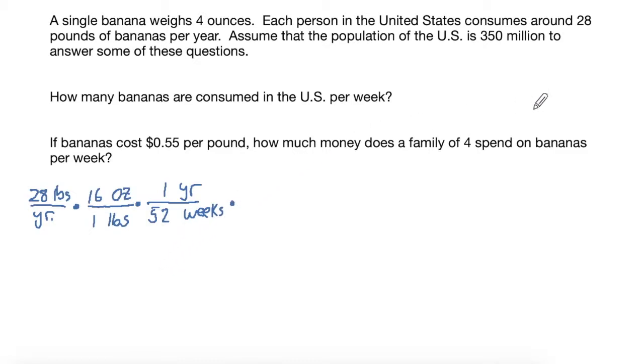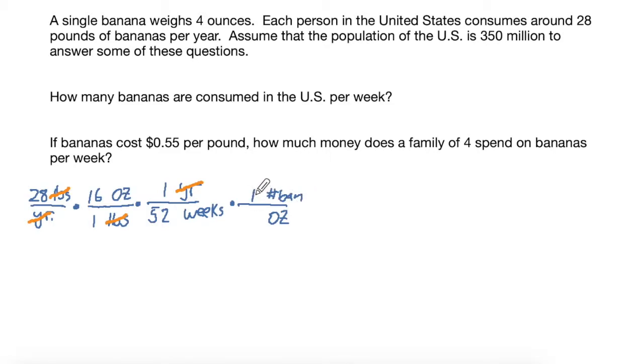Alright, so now my measurement, after I do all my crossing out, so I got rid of my pounds, I got rid of my year, so we're talking about how many ounces per week we're dealing with. So we're almost there. All I need to do now is change it from ounces into bananas. So I know the ounces need to go away, so they need to go in the bottom, and number of bananas at the top.